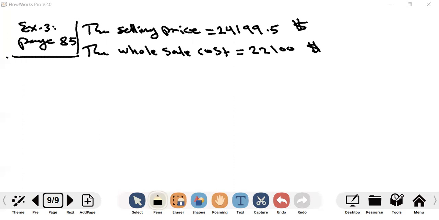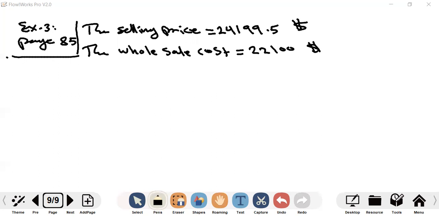Focus. I want a concept. What's the difference? This is the wholesale cost and this is the selling price. If you subtract them, what will you have?